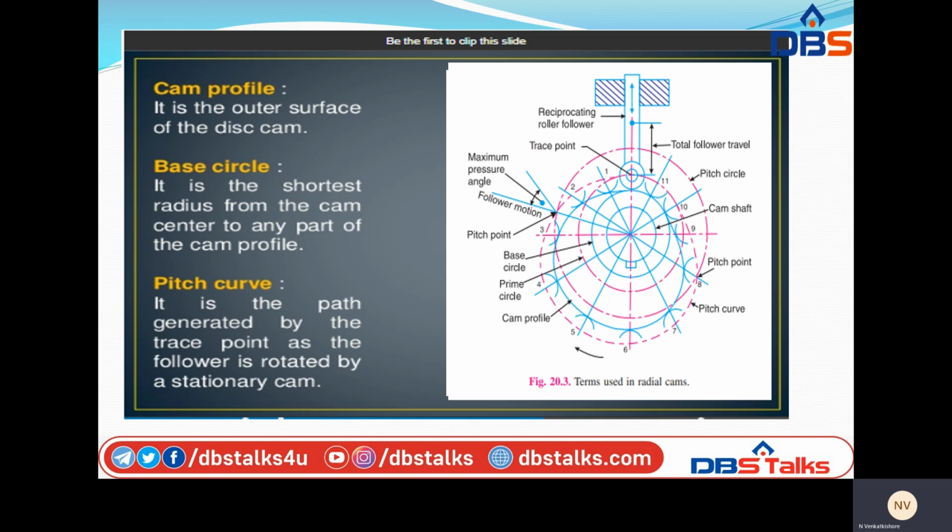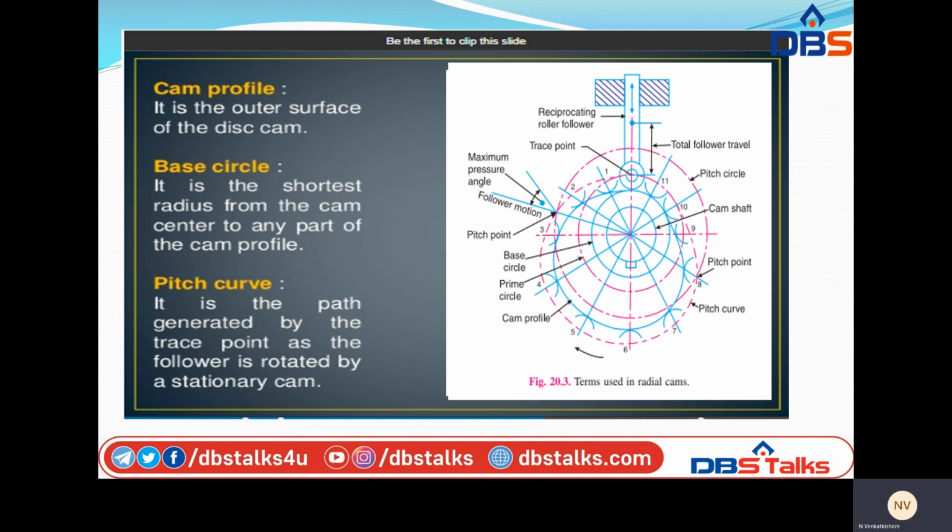So for roller follower, the cam and the follower are separated by a roller. So there is a difference of the radius of the roller. So for that, they are separated by the radius of the roller, and the knife edge follower, knife edge means they are directly contacting with the cam profile.